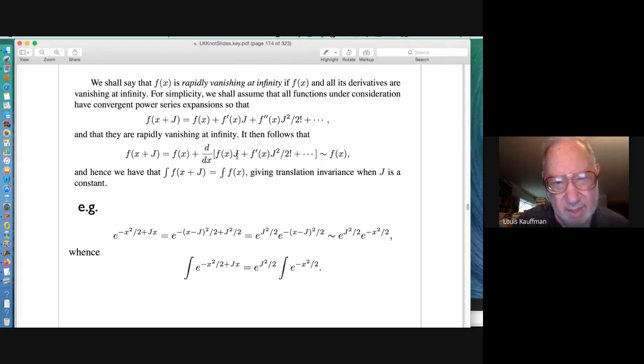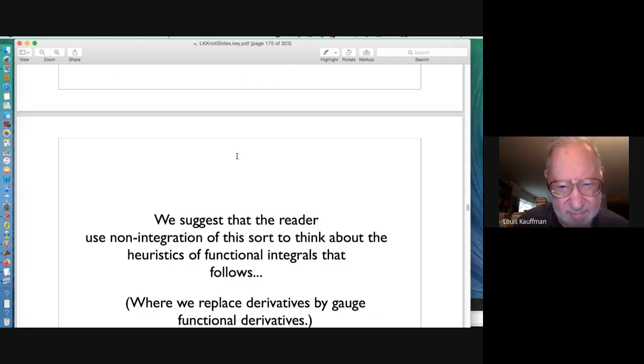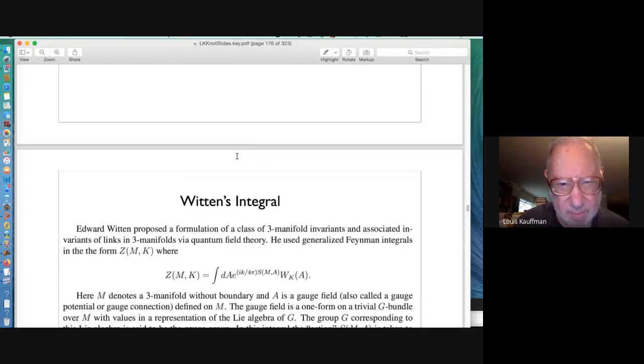If I want to make a miniature theory of this, I can talk about equivalence classes of functions under the equivalence relation that differences that are derivatives are equivalent, just like you do in elementary calculus. And then you can calculate lots of things without knowing that your integrals actually exist in the usual mathematical sense. So you can think that way if you wish.